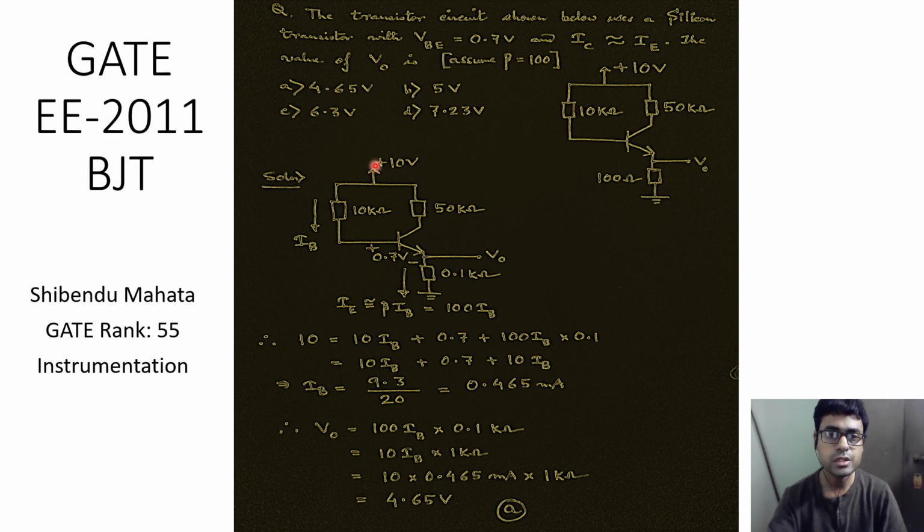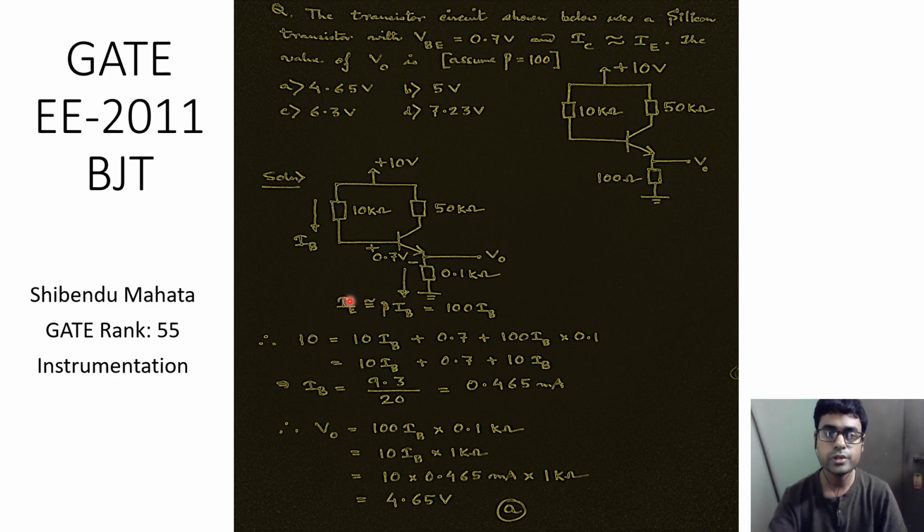And if we look at this loop, starting from this 10 volt source, we go through this 10 kilo ohm resistance, and then there is the base to emitter drop of 0.7 volt followed by this drop of V0 volt. The only unknown in this entire loop is the value of IB. So we can use this loop and frame our KVL equation.